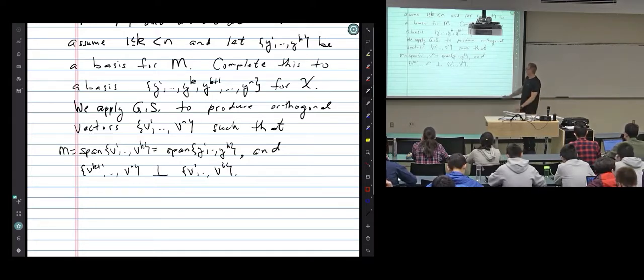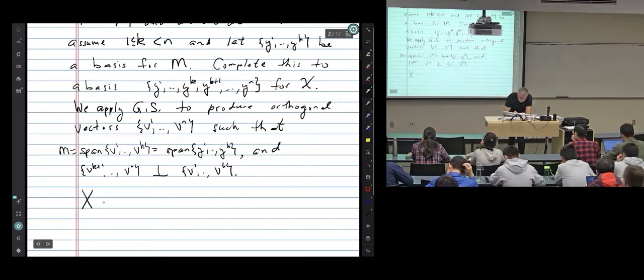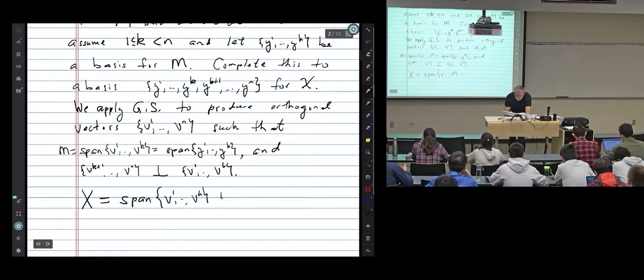It's all done by Gram-Schmidt. From this, we have X equals the span of v1 to vk, plus the span of vk plus 1 to vn.